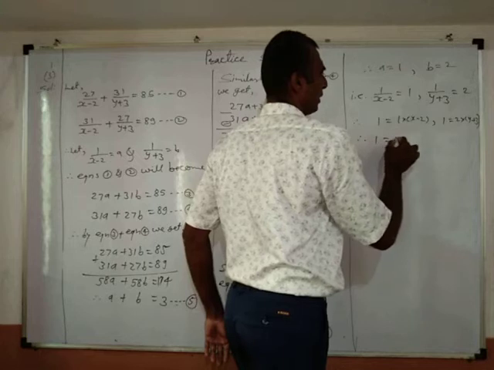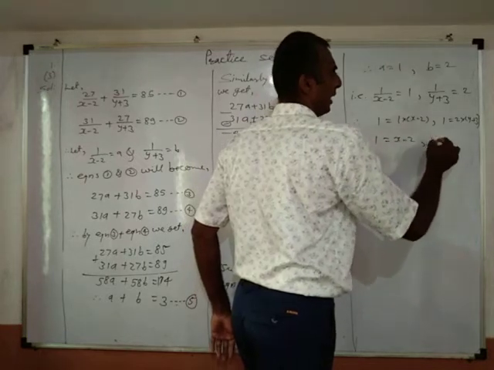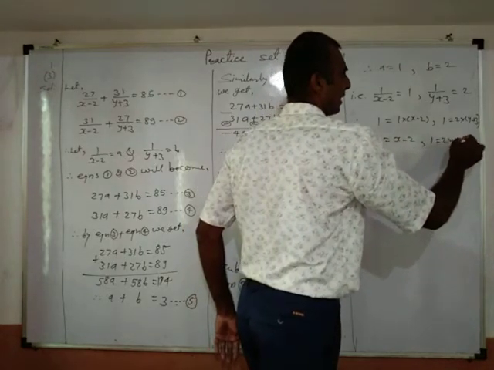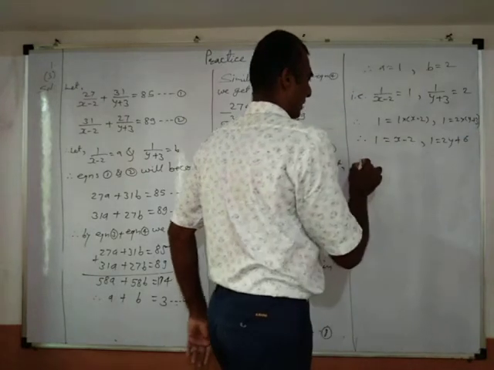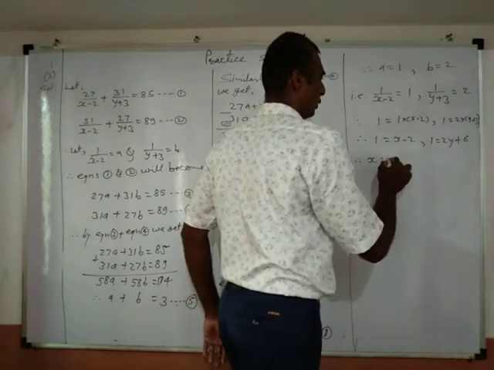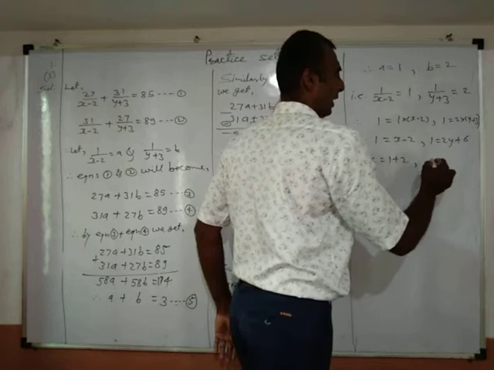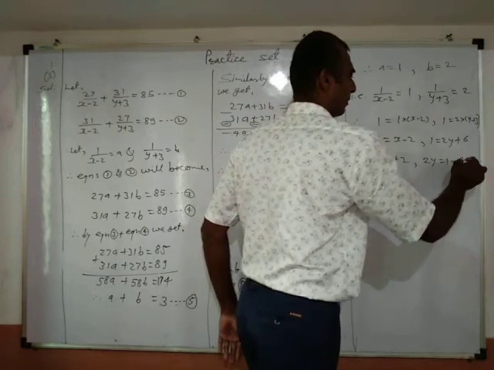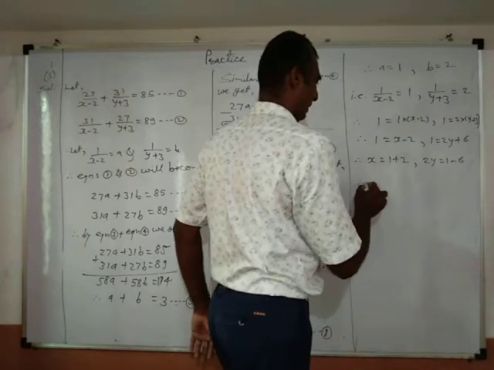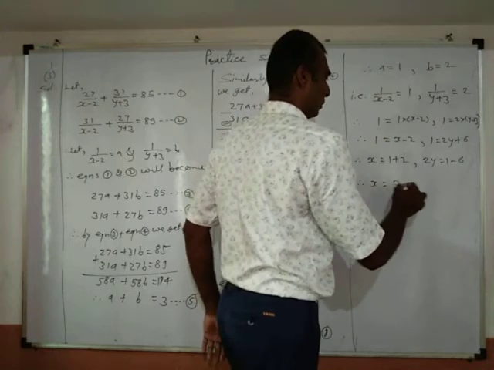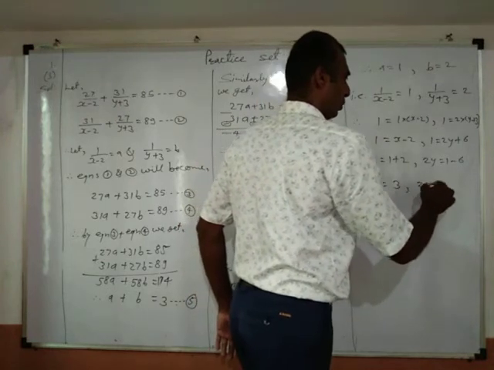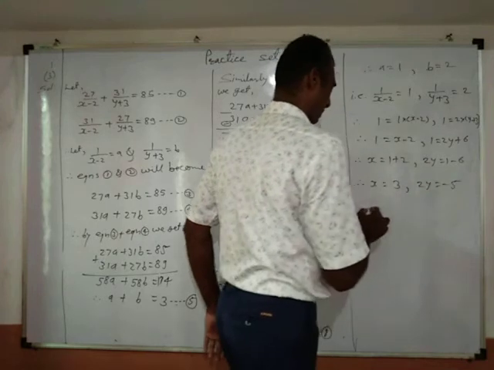Therefore, 1 equal to x minus 2 and 1 equals 2y plus 6. Therefore, x equals 1 plus 2 and 2y equals 1 minus 6. Therefore, x equal to 3, 2y equals minus 5.